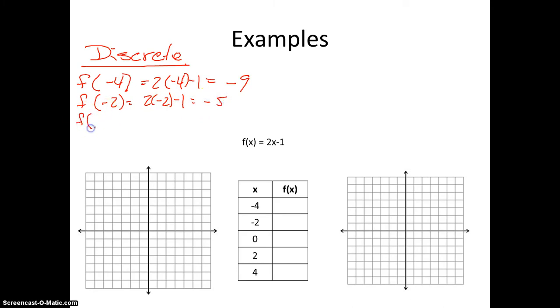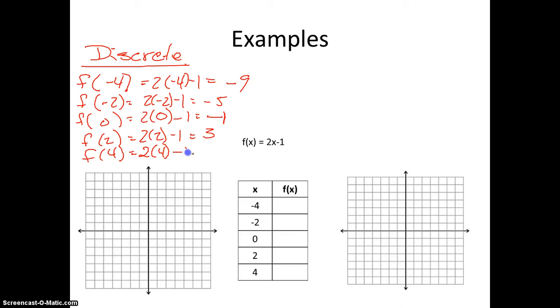And then I have f of 0 equals 2 times 0 minus 1. 2 times 0 is 0, minus 1 is negative 1. f of 2 equals 2 times 2 minus 1. 2 times 2 is 4, minus 1 is 3. And then f of 4 equals 2 times 4 minus 1, which is 8 minus 1, which is 7.